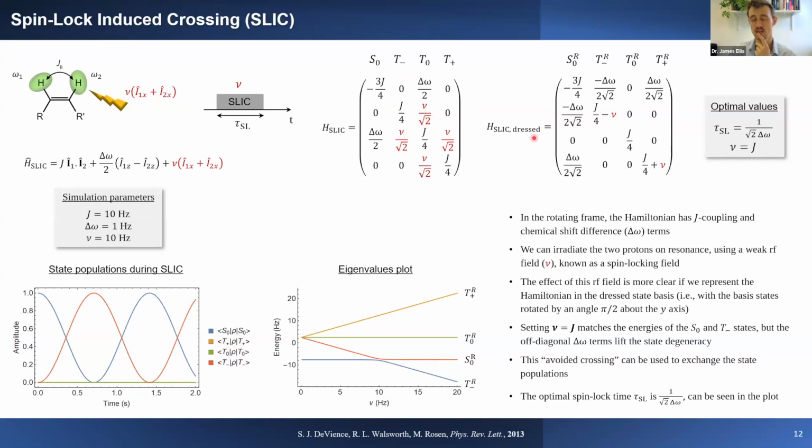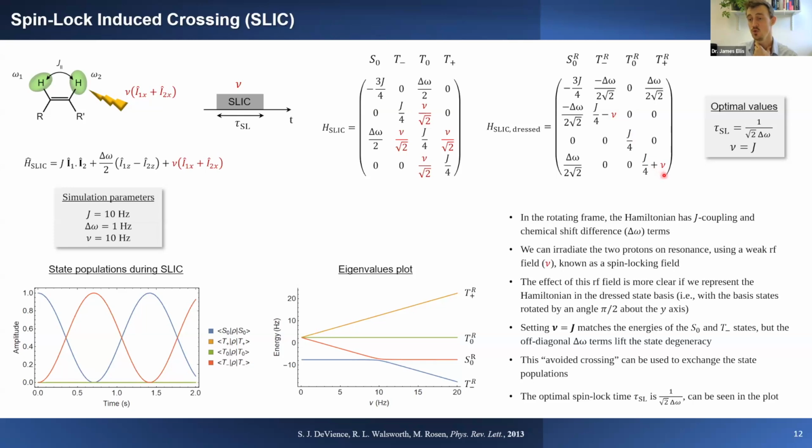Now, if we change the state basis, so we rotate the states in which we're representing this Hamiltonian, it's the same Hamiltonian represented in a rotated state basis. We see more clearly the effect of this X magnetic field, nu, and that is to affect these states here.